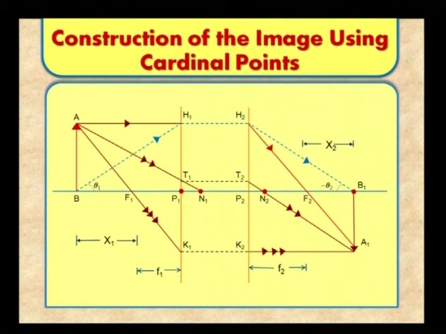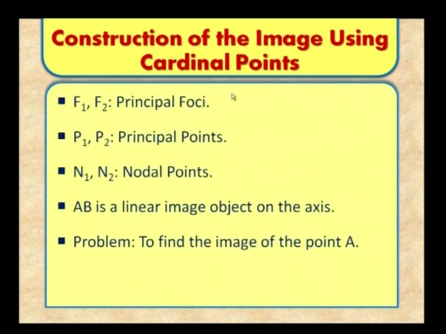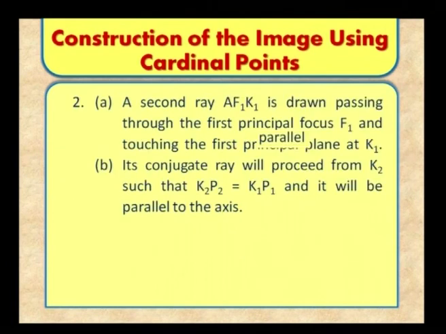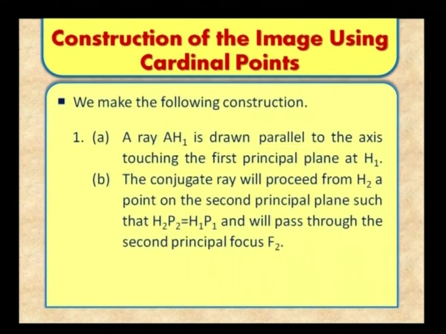It is a point in the principal plane, P1 is the principal point, H1P1 is the principal plane, H1 is a point in the principal plane, right. So, a ray AH1 is drawn parallel to the axis touching the first principal plane at H1. We will go through the remaining light rays which are passing from the point A to obtain the image at the image point A1 after the break.